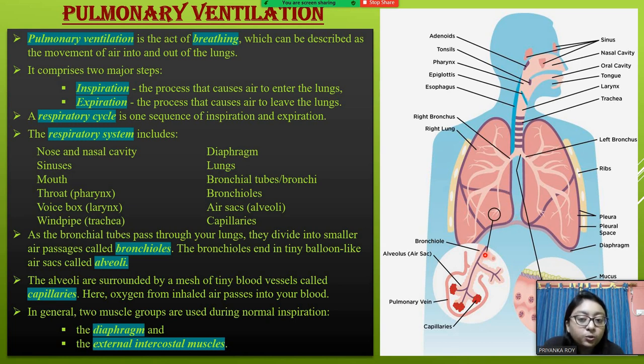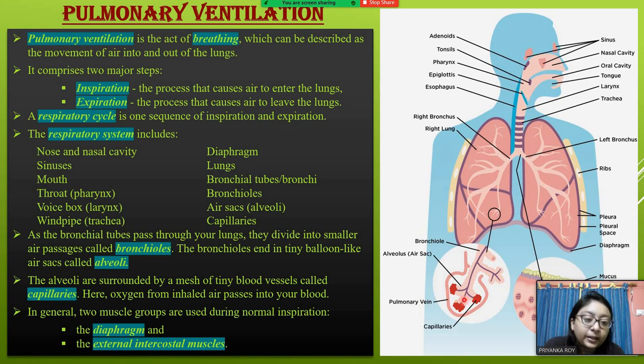These bronchioles then further open into air-filled sacs in the lungs, which are known as alveoli, singular alveolus. These sacs are surrounded by blood capillaries, very thin, fine blood vessels.